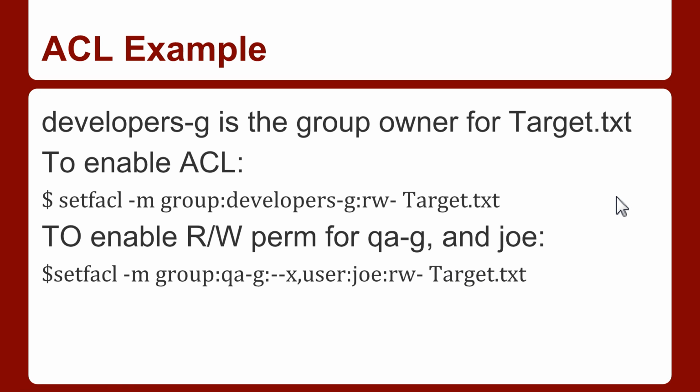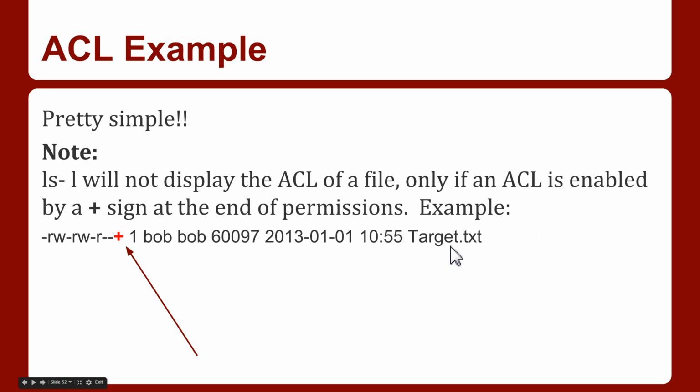So it's pretty straightforward. And something to note is when you do ls -l to see the common file attributes and permissions, if something has been set up with an access control list, it will have a plus sign at the end. That's one of the only ways to determine whether or not it has it at first glance.